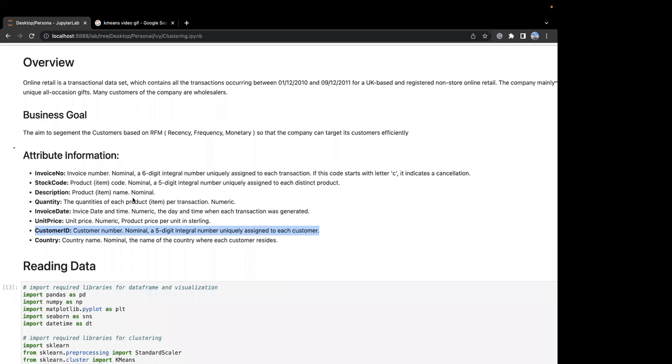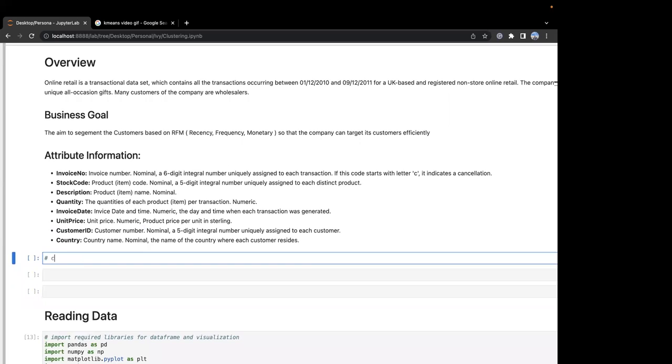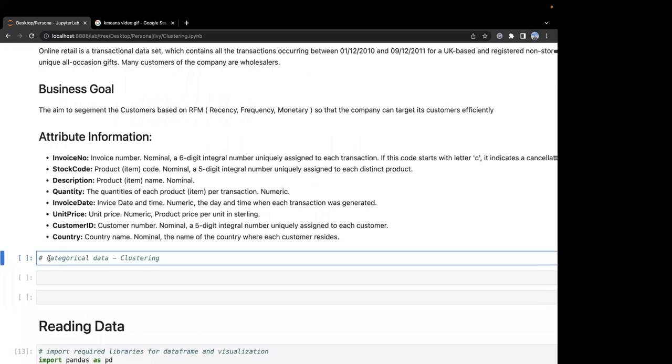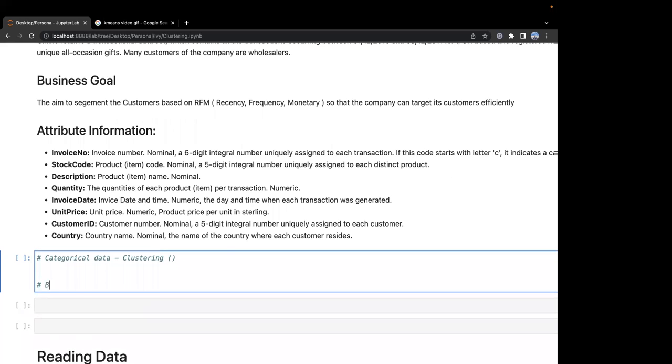Okay, so what happens in clustering? The one problem is that clustering doesn't work with categorical data. In usual cases, categorical data needs to be converted or transformed in a certain way so that clustering can happen on it. But the normal ordinal and nominal encoding strategies don't work because they are not numerical, they are 1 or 0 boolean.